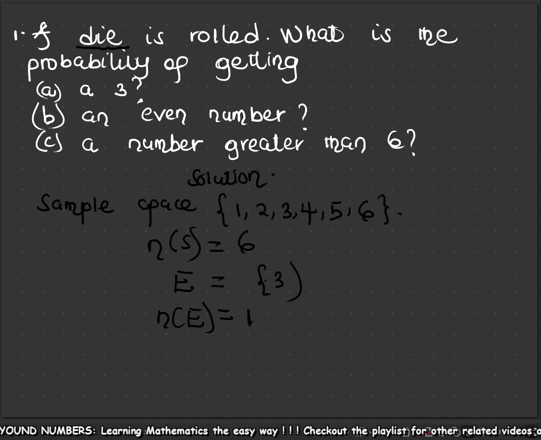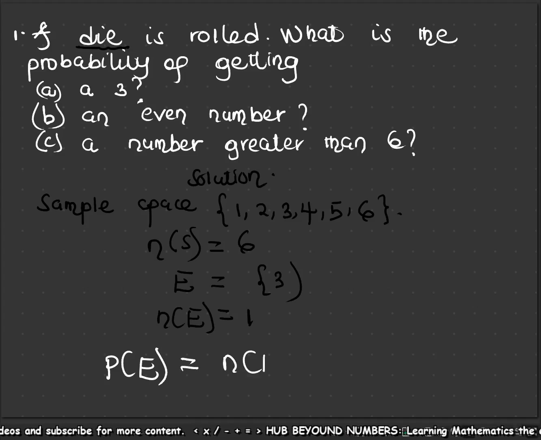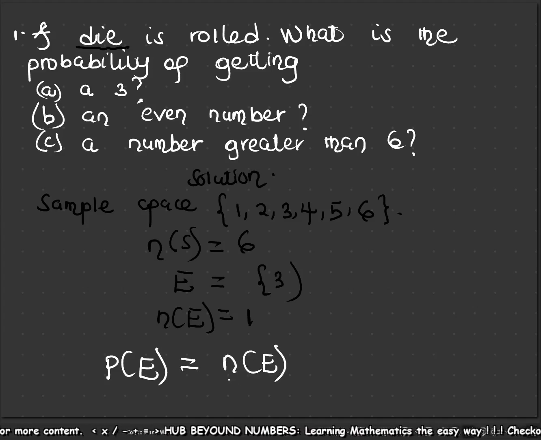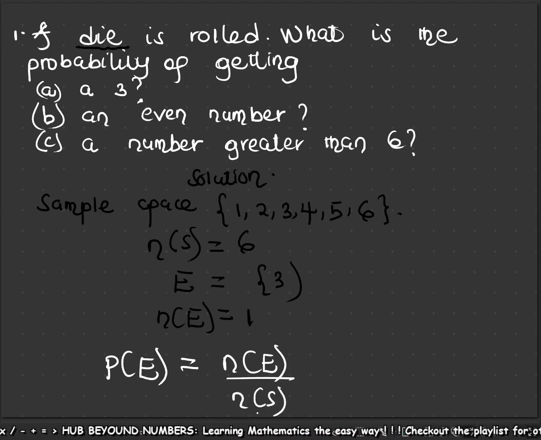So with this done, we go back and look at our probability formula. The probability of any event at all, that is P of E, is equal to the number of elements in the event all over the number of elements in the total sample space.